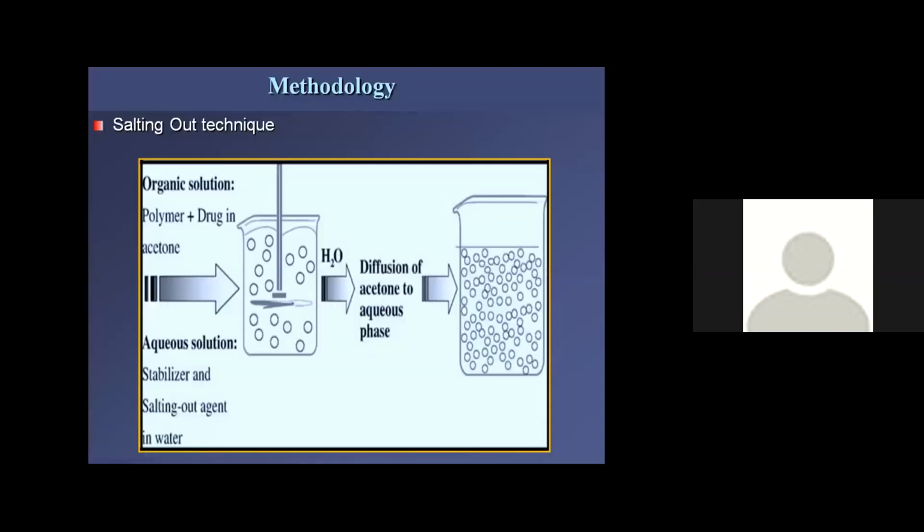So let us come to the next technique, the salting out technique. Here also we dissolve the polymer as well as the drug in an organic solvent such as acetone. In the aqueous solution, along with the stabilizer, we add a salting out agent, like magnesium chloride. The salting out agent facilitates the diffusion of solvent into water, so that the drug will be precipitated out.